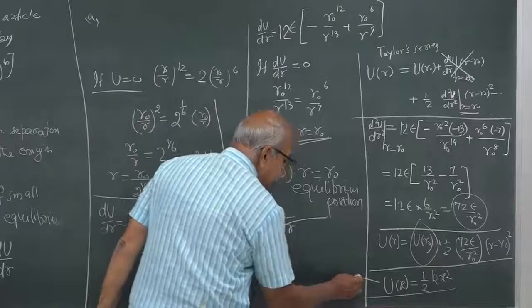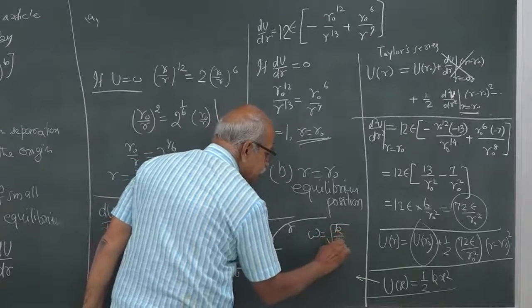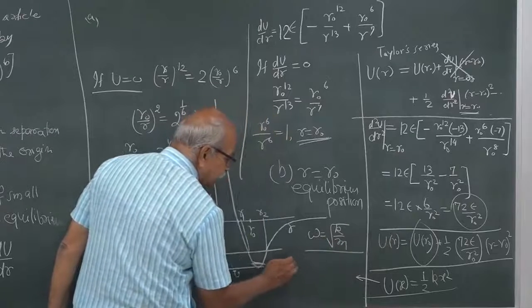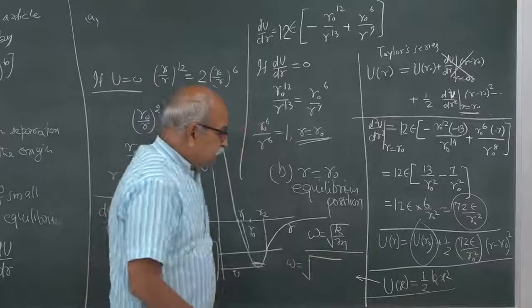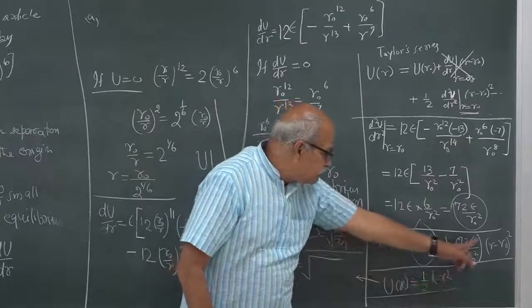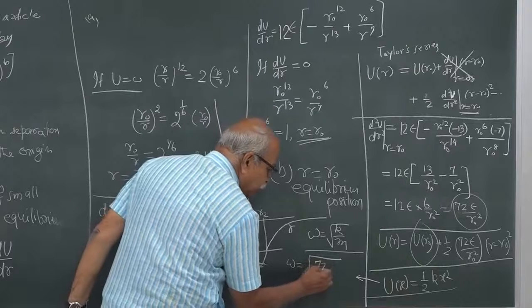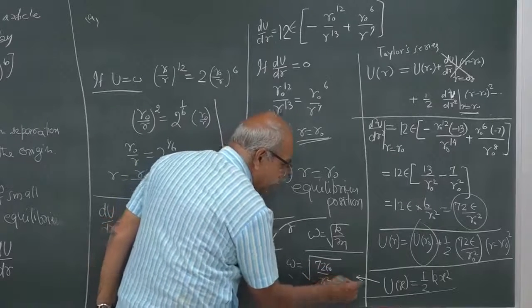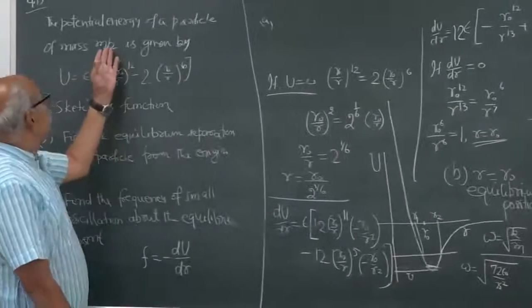For SHM you know the angular frequency is the square root of k by m. So, the same equation here, in our case omega is equal to square root of k, in place of k I have 72 epsilon naught by r naught square, divided by m, and the mass of the particle here is m by 2.